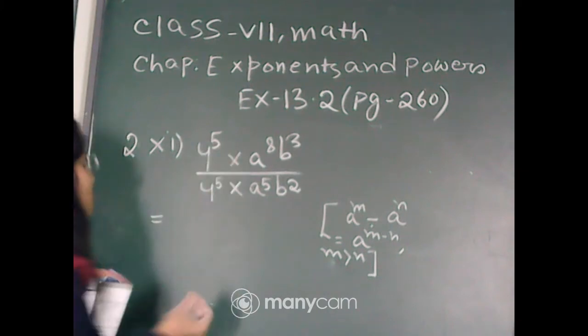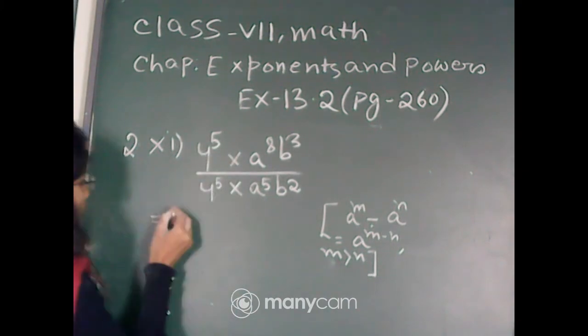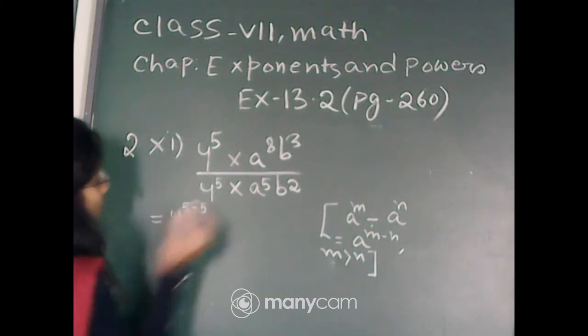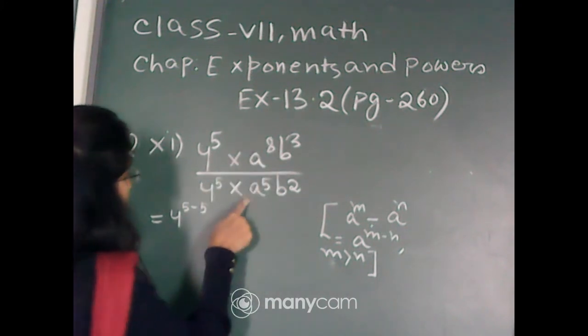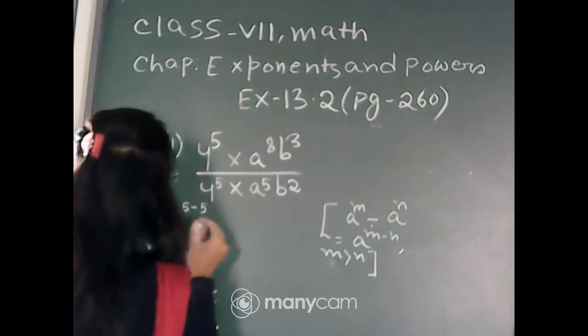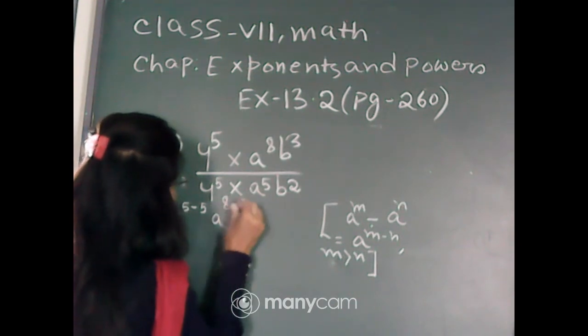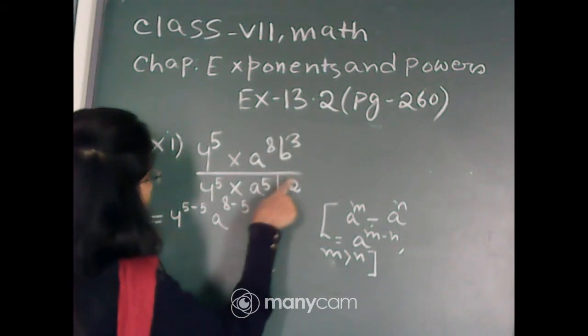Here the power of 4 is 5, here the power of 4 is also 5. So, 4 to the power 5 minus 5, here the power of a is 8, here the power of a is 5. So, a to the power 8 minus 5, here the power of b is 3 and here the power of b is 2.